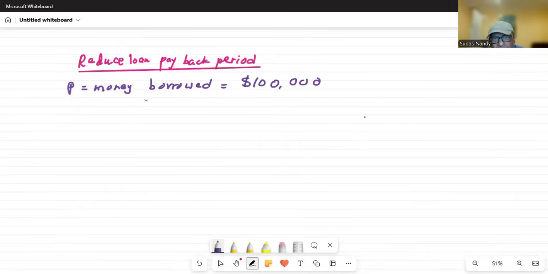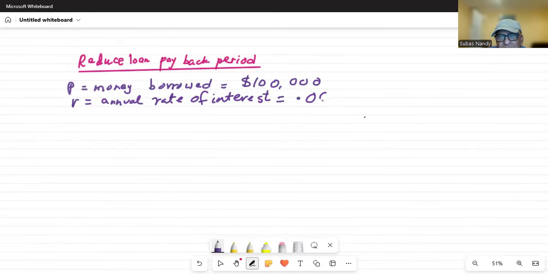And our annual rate of interest, R, is the annual rate of interest at which we borrow the money. We assumed it is 6%. Now, interest rate is always expressed in decimals, so it is 0.06.